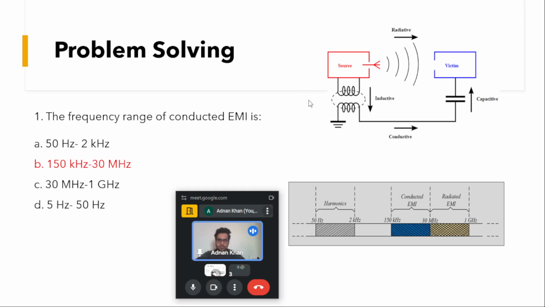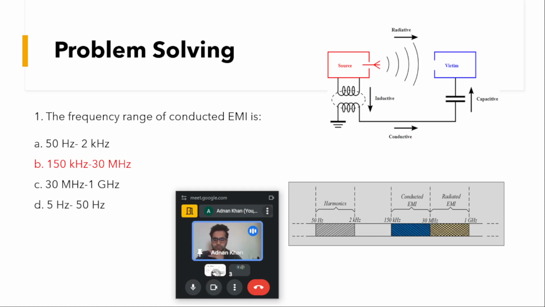What we saw is that conducted EMI is usually generated by two effects, capacitive or inductive. In the range of 50 hertz to a kilohertz there will be harmonics, which can affect the power quality.